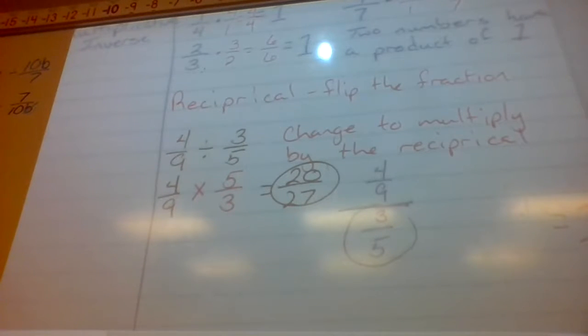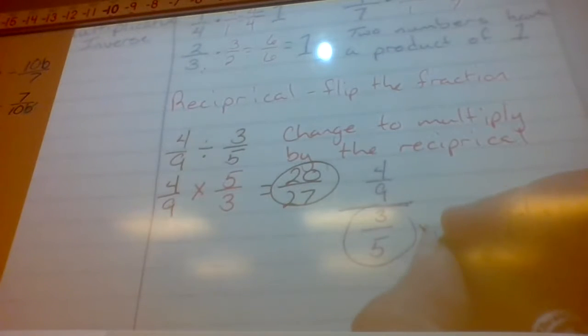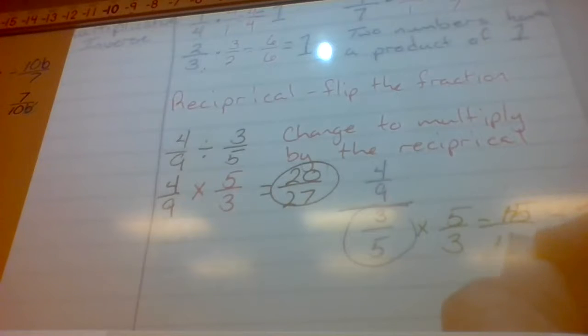Multiply by the reciprocal. We are going to multiply by this reciprocal, because 3 times 5 is 15, and 5 times 3 is 15, which equals 1. We've multiplied by the reciprocal to get a denominator of 1.